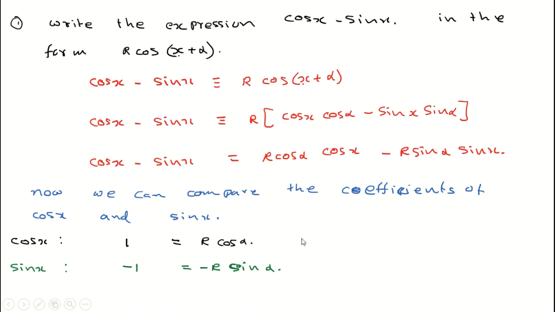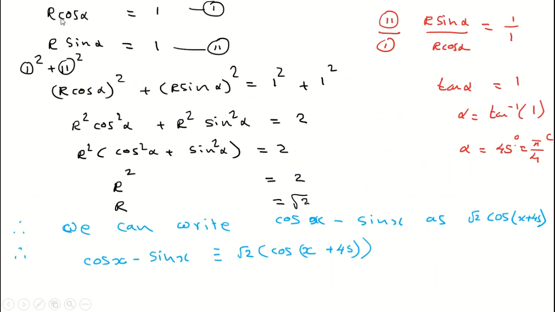So now to find r and alpha, if we square these two and add, we can very easily find r. So (r cos alpha) squared plus (r sin alpha) squared is equal to 1 squared plus 1 squared. This could be written as r squared cos squared alpha plus r squared sin squared alpha is equal to 1 plus 1, which is 2.